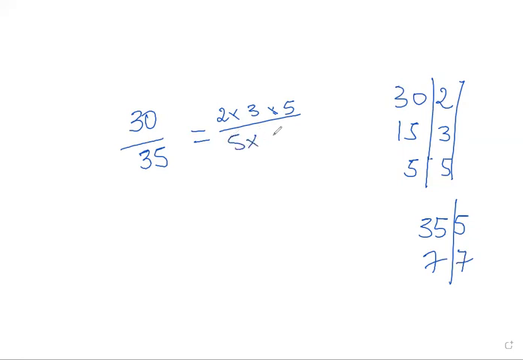So 5 and 7. Then the next step is to cross off the numbers that are repeated at the top and on the bottom, and that's it. When you cross off 5, you have at the top 2 times 3 is 6 over 7. As simple as that, and that will wrap up our fraction section. See you later for an example.